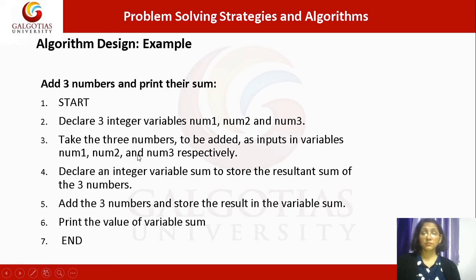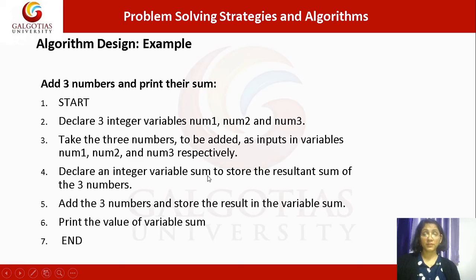After that, because the problem is adding three numbers and printing their sum, after making the addition of the three numbers, we need to store the value in a variable so that we can print the value at the end. Therefore, we are declaring another variable as part of the fourth statement: declare an integer variable sum to store the result.